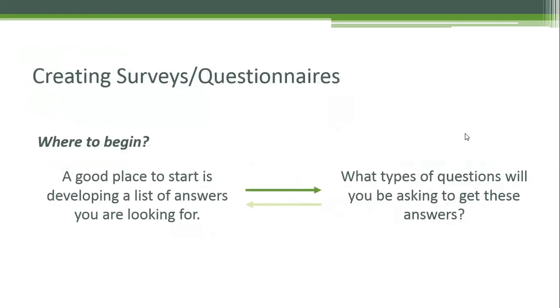When I conduct a program and I also want a survey to go with that, I want to put out questions that will answer what I want to know. Sorry, that was kind of a complicated statement. Essentially, you want to start with a list of answers of what you want, and then from there work backwards to develop those questions.